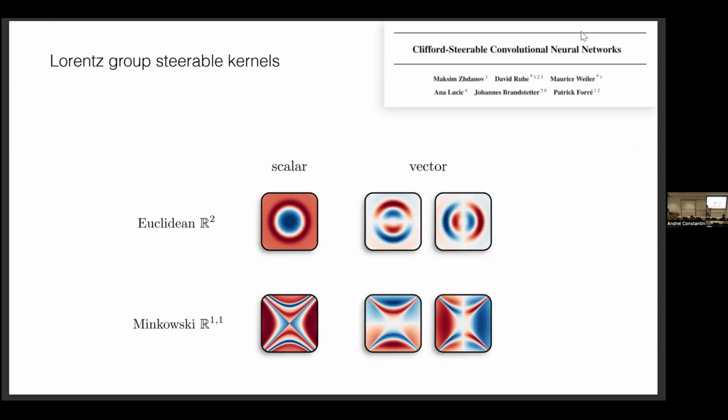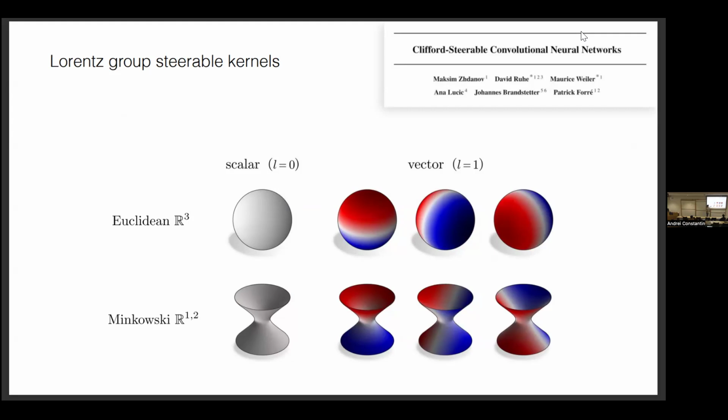For instance, if you go from scalar to scalar, here we get rotation invariance, or these frequency one solutions. And we get something very similar in Minkowski space. But now you have such harmonics on hyperbolic sheets in your Minkowski space-time. And here you have visualizations for the higher dimensional generalizations. So yeah, R3 or Minkowski 1,2 space-time.